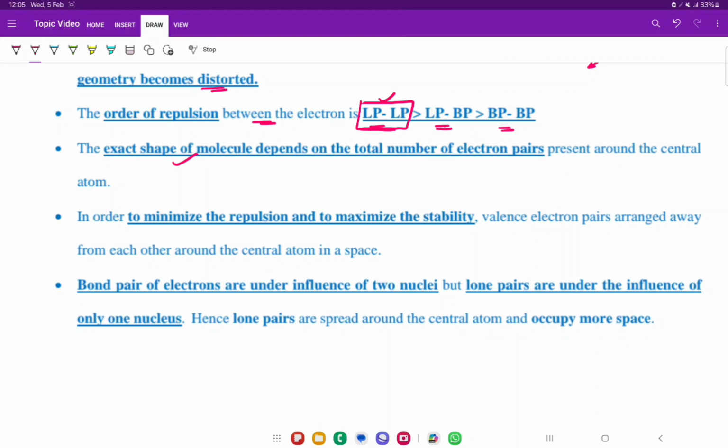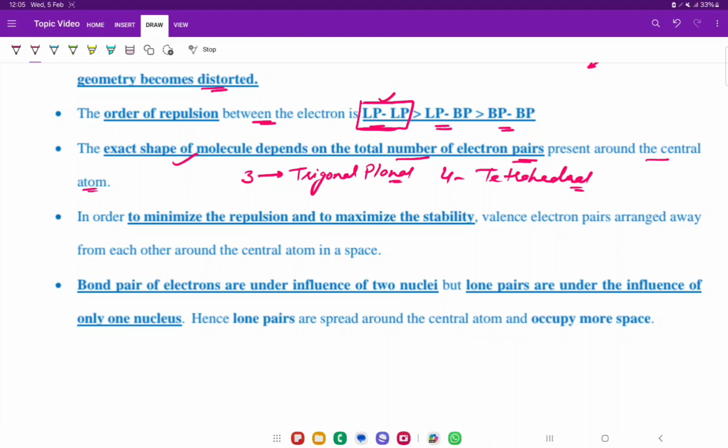The exact shape of a molecule depends on the total number of electron pairs present around the central atom. What it means is, if the molecule has 3 electron pairs, then its shape will be trigonal planar. We will do this in the table down below. If it has 4, then it is tetrahedral, and so on. So the point says the exact shape and geometry of a molecule depends on the number of electron clouds a molecule has.